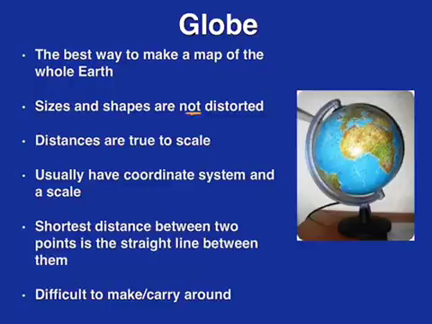The shortest distance between 2 points is a straight line since there's no distortion. Making a globe, however, is very difficult, and they're just not very convenient to carry around. So that's why we use maps much more frequently. Easier to carry around.